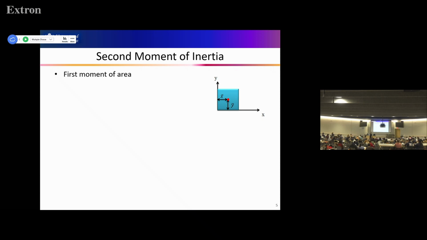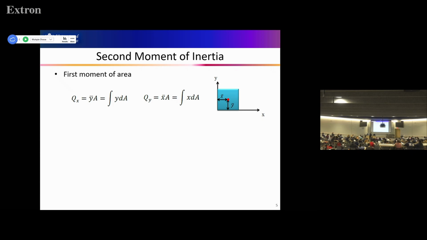The distance from the reference axis to the centroid, right? So we defined the moment of area about the x-axis as area times y bar, the area times the distance from the reference axis, x, to the centroid. So Qx is y bar A, Qy is x bar A, right?